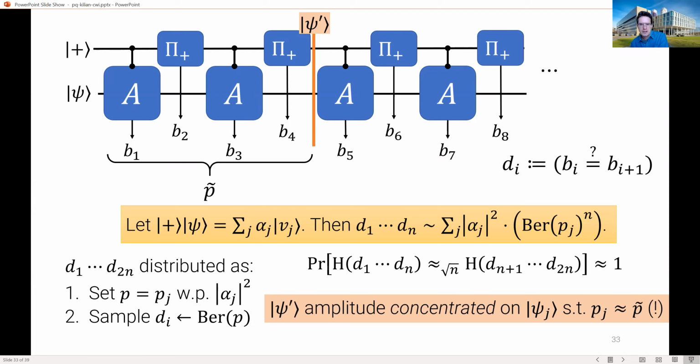I think I don't quite understand the notation. So this D1 Dn in your yellow box, is this a multiplication? Sorry, no, this is a string. It's the bit string D1 up to Dn, distributed as this linear combination of the n-fold product of Bernoulli random variables.